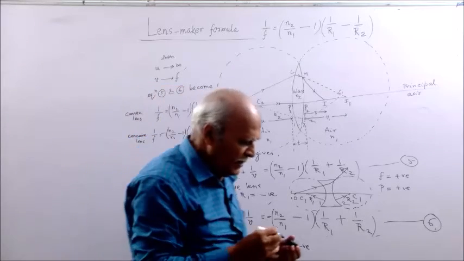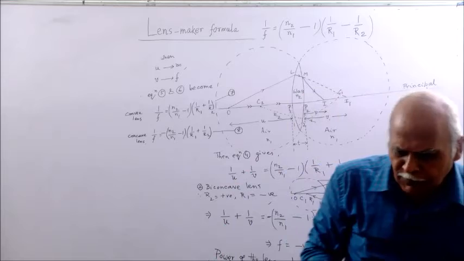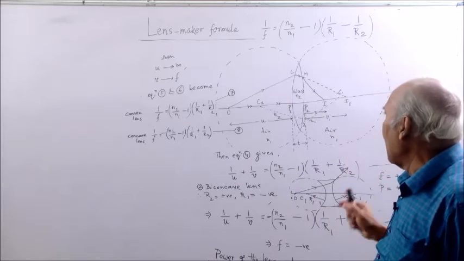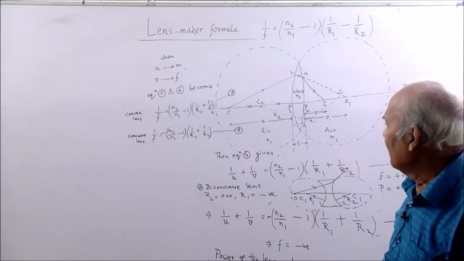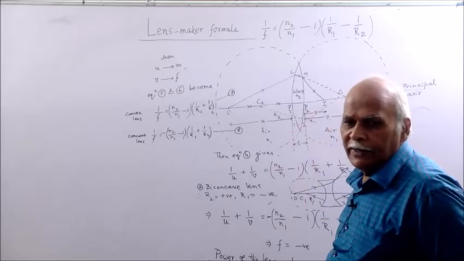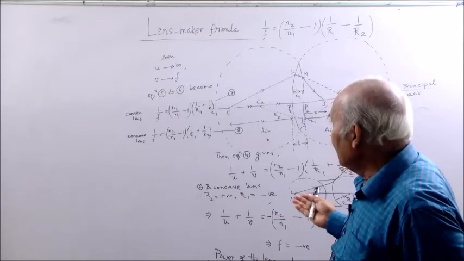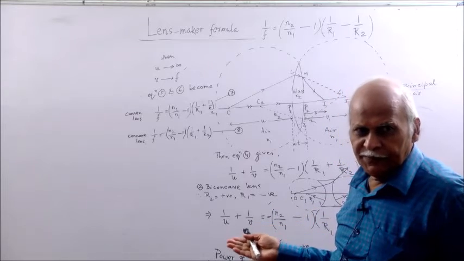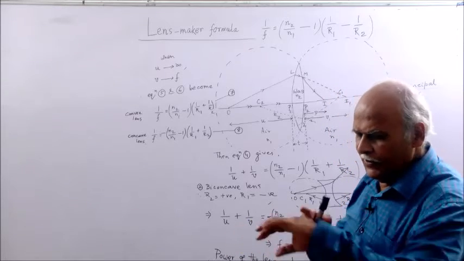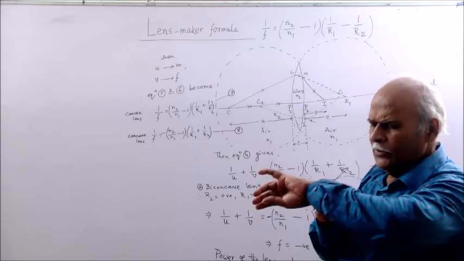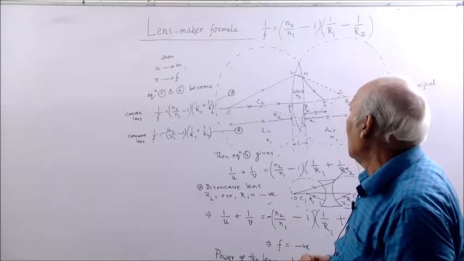This formula is very important because one can also have a plano-convex lens. Plano-convex means one side is plane, the other side is curved. So in that case, one radius of curvature becomes infinity, and 1 by infinity is 0. So that is possible.